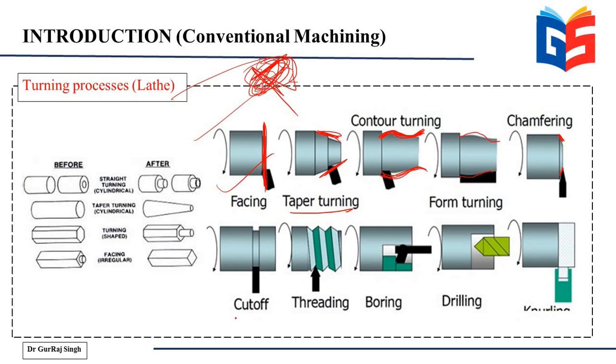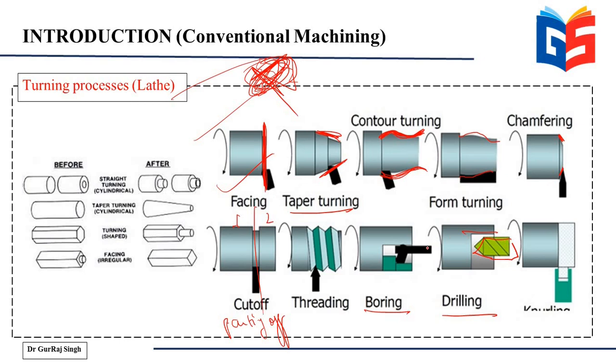Then cut off or parting off. Parting off is another process where you want to cut this component into two parts, 1 and 2. That's called cut off. Threading, where you want to put threads on the workpiece. Then there are related processes, which are boring and drilling. If you want to drill a hole at the end of the workpiece, you can put a drill tool on your tailstock.